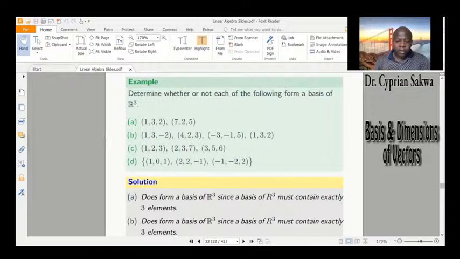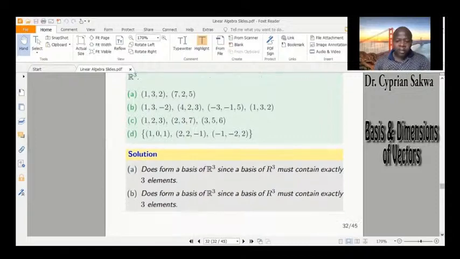So that's what I've said here, that A does not form a basis of R3, since a basis of R3 must contain exactly three elements. But this has two.